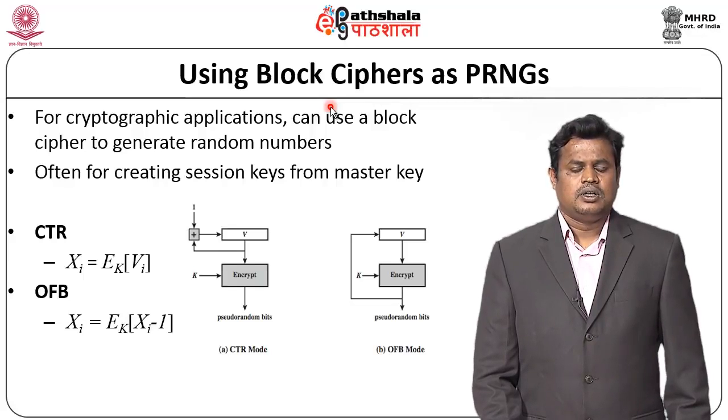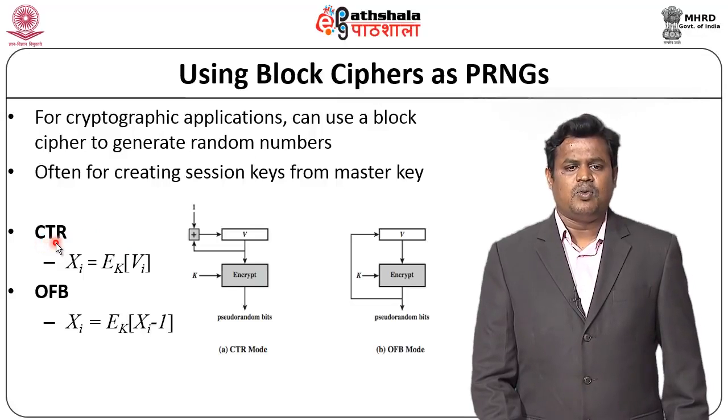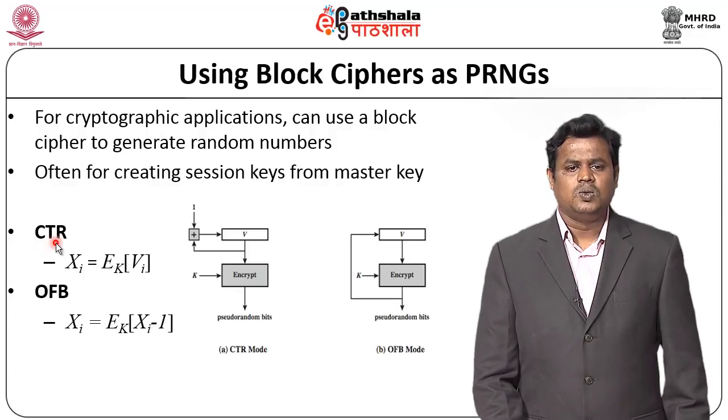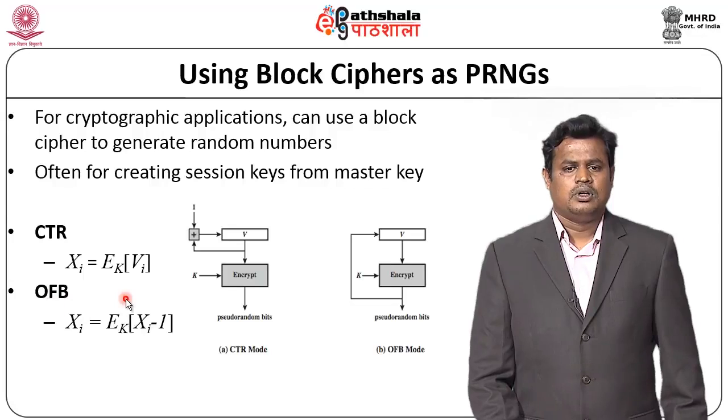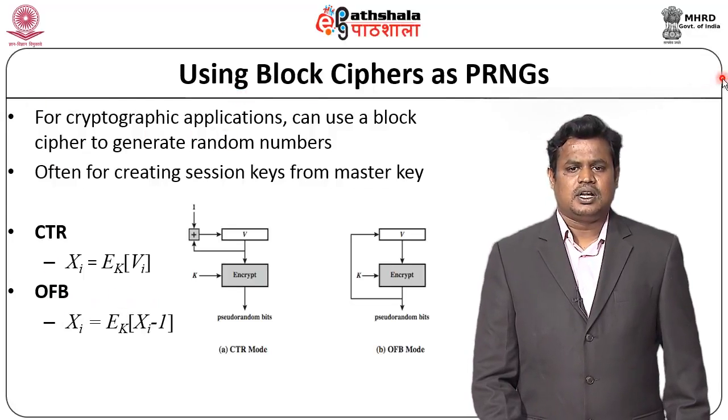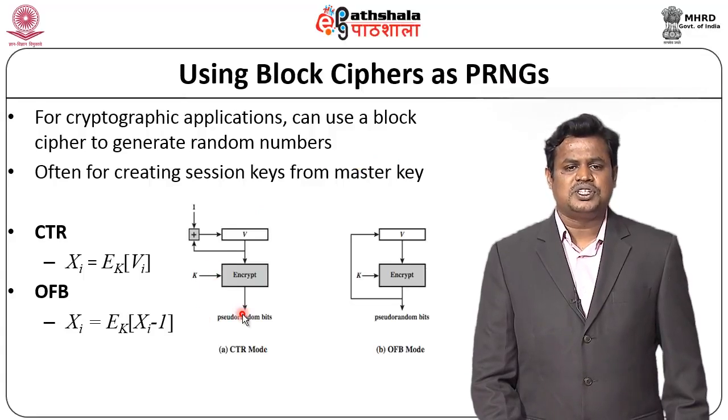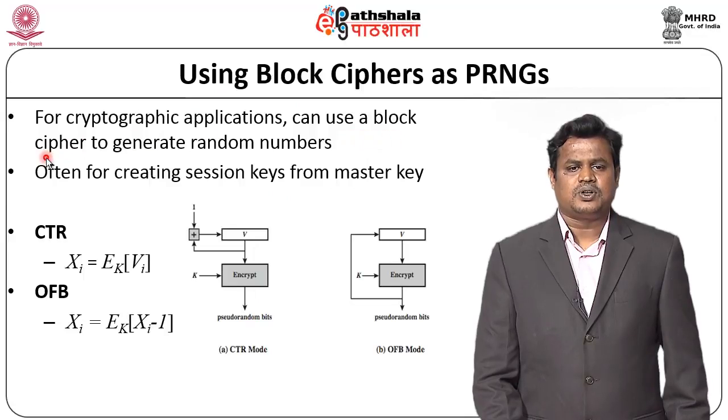During the generation of the ciphertext in the encryption process, they use modes of operation called CTR, counter, and OFB, output feedback. In this case it is used as an initialization vector, IV, for generating the pseudo random bits. For cryptographic calculation, you can use the ciphertext to generate random numbers, often for creating a session key from the master key.